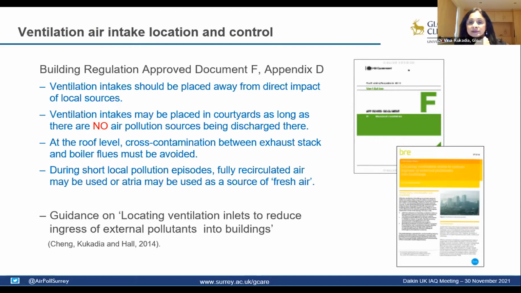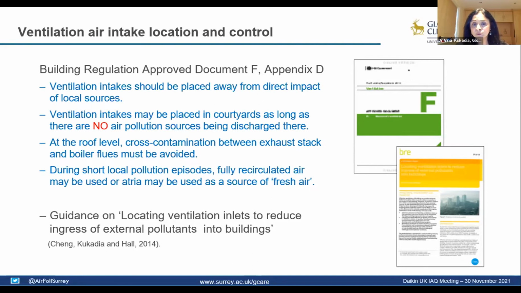So going on to approve location of ventilation inlets, I won't go through this in too much detail, but information is out there. Essentially in document F, Appendix D, that was a new section that was put in the year 2010. I made sure that that went in there so that the location of the ventilation inlets was actually considered. So they obviously need to be away from local sources.